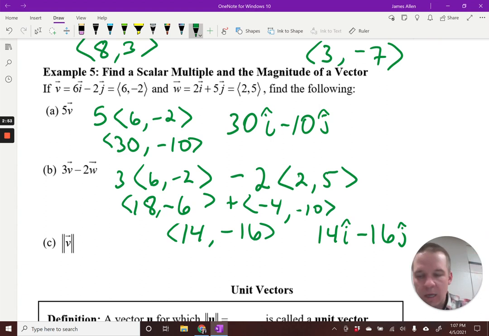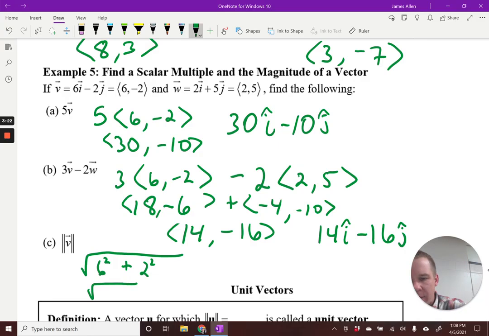All right. Last one for this, and then we're going to do unit vector. First, the magnitude of v. That would just be my x direction squared plus my y direction squared, all under a square root. It's basically the Pythagorean theorem, or the distance formula. So 6 squared plus, and I can write -2 in parentheses squared, but I know it's going to become positive.